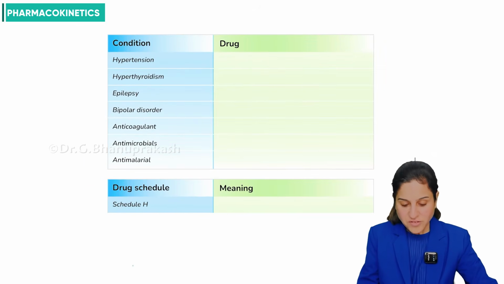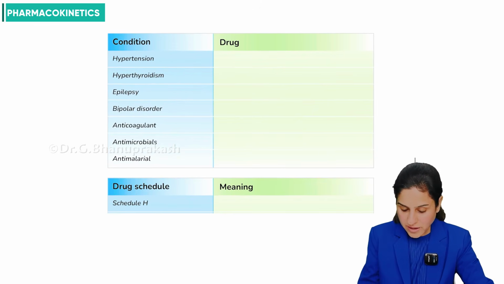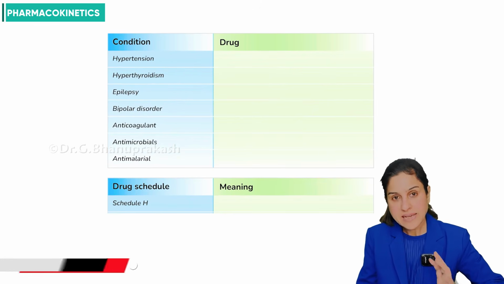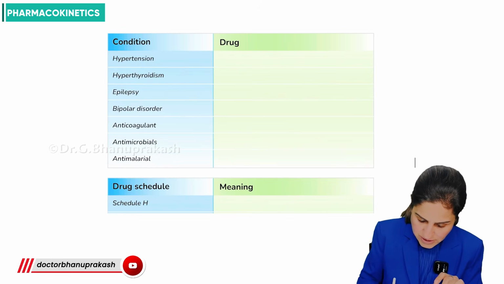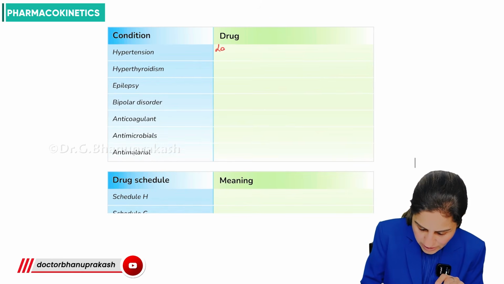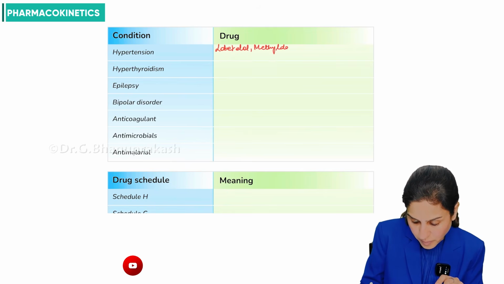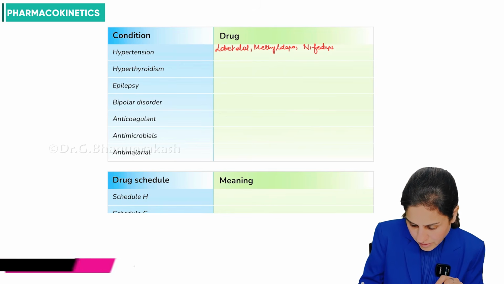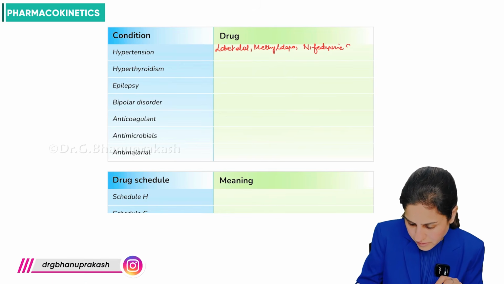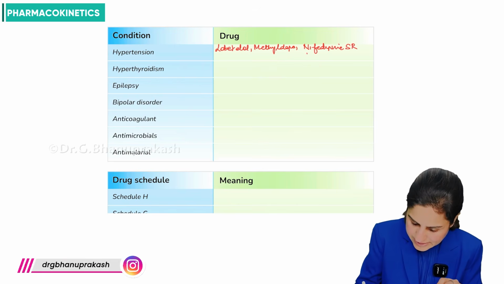So what are the safe drugs which can be used in pregnancy in various conditions? For example, there is hypertension, which antihypertensives can we use? We have labetalol, we have methyldopa, we have nifedipine, sustained release, and then we have hydralazine.